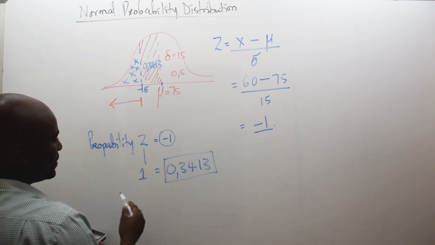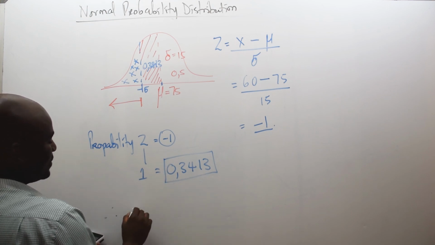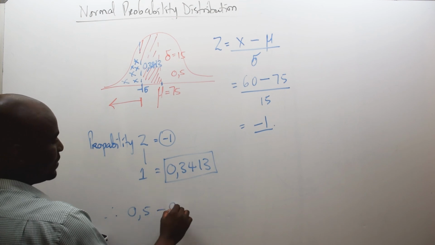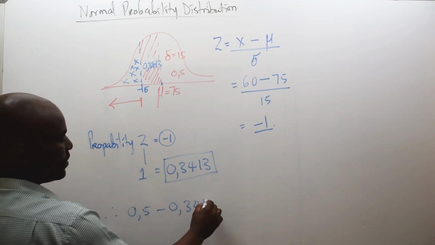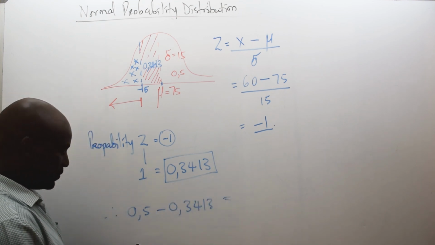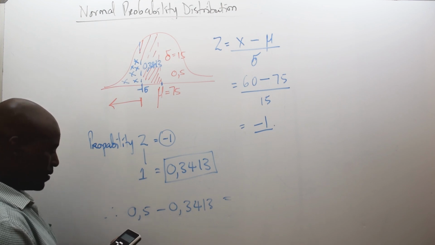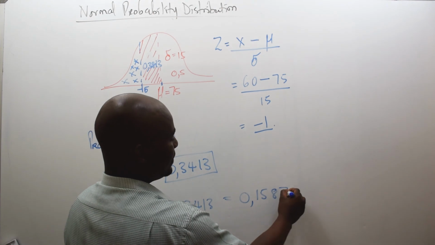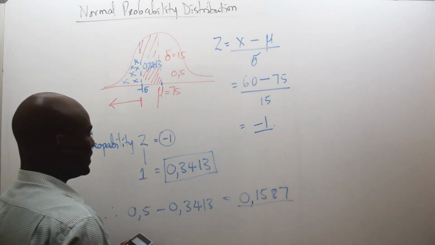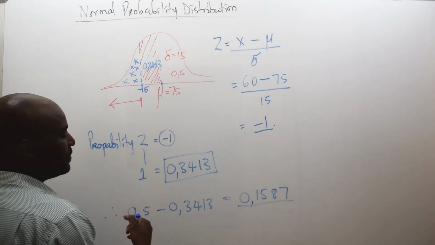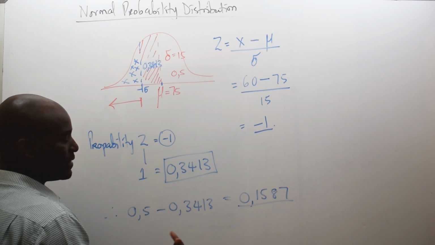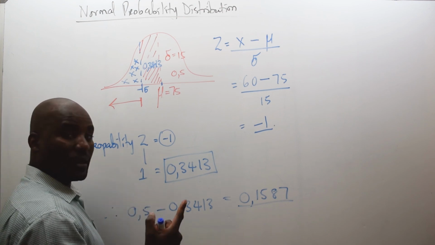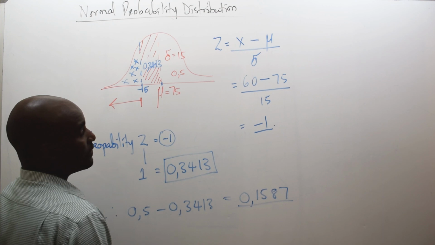So therefore the probability is 0.5 minus 0.3413, which is equal to 0.1587. Meaning the probability of finding shoppers who spend less than 1 hour is 15.87%.